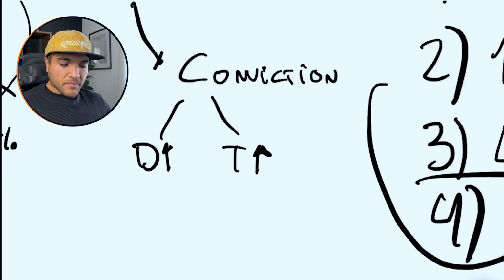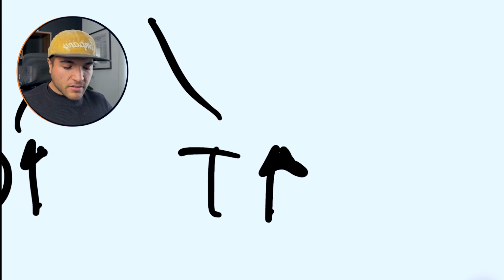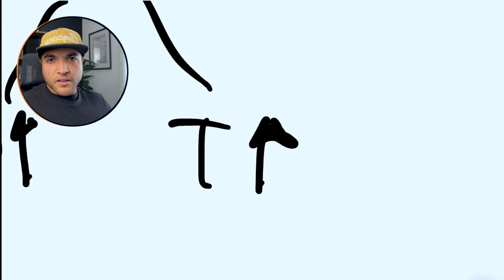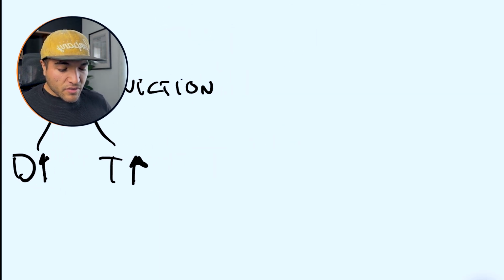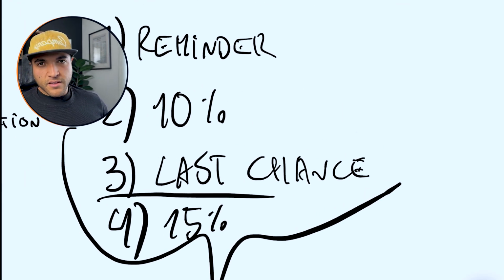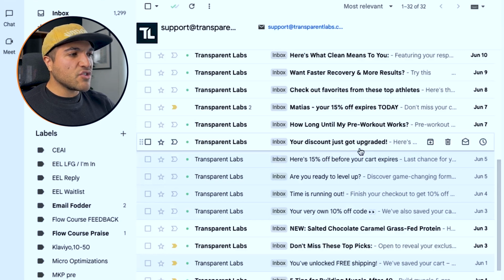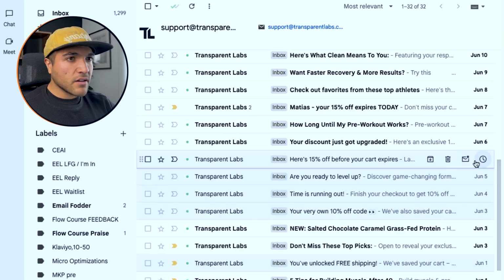They don't desire the product badly enough, or they don't trust you and your motives for giving them 100% off. So discount ladders are one of those things that sound good but don't work. So I'm confident this is not doing much for sales. Moving on, your discount just got upgraded. This is sent on the next day.